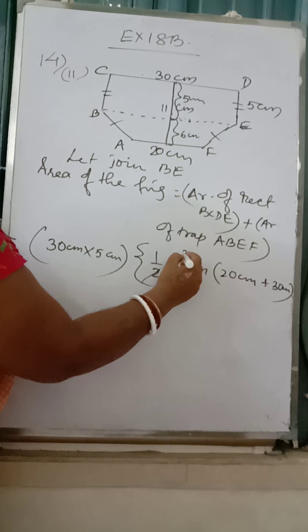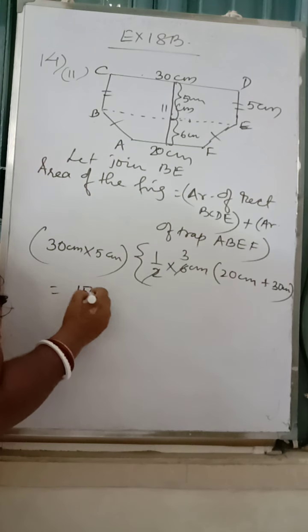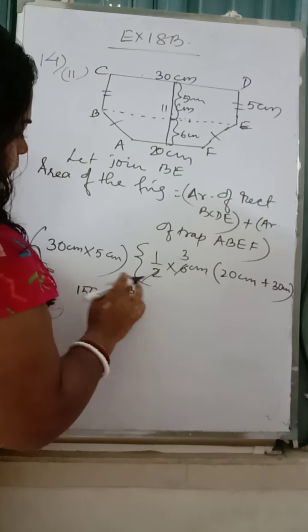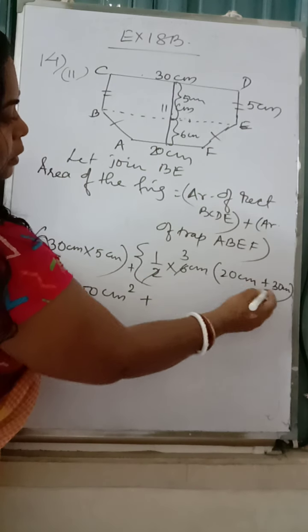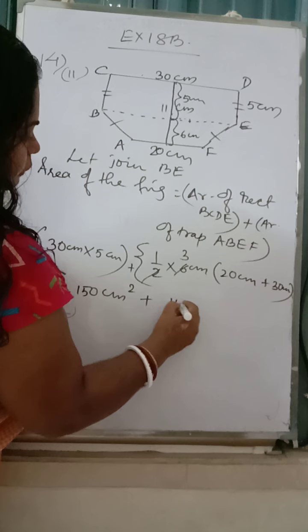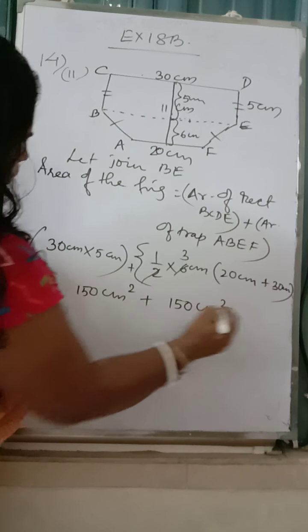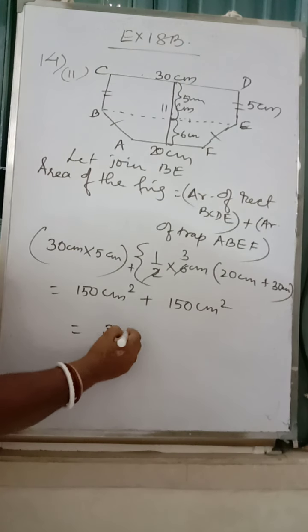So half into 6 into 50, 3 fives are 15, 15 into 10 gives you 150 centimeter square, plus, 30 into 5 is 150 centimeter square, so this gives you 300 centimeter square.